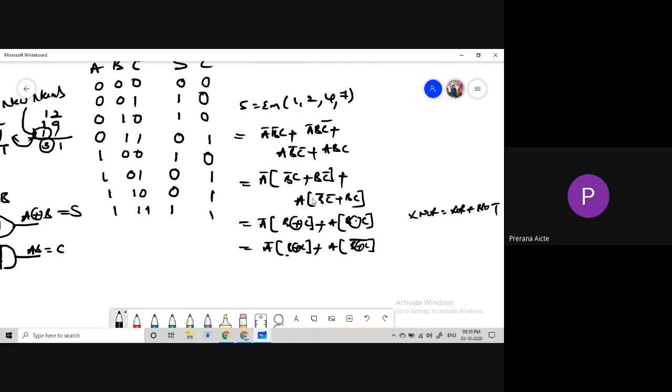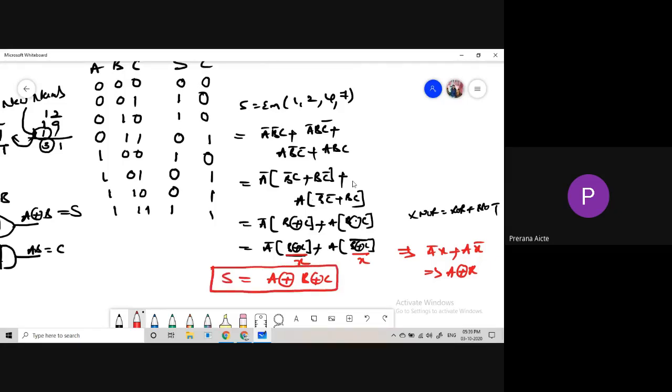If you are considering this one as X, now it is in the form of A bar X plus A X bar, right? So that is A XOR of X. Based on this relation, it is nothing but A XOR B XOR C. So this one is the expression of sum.